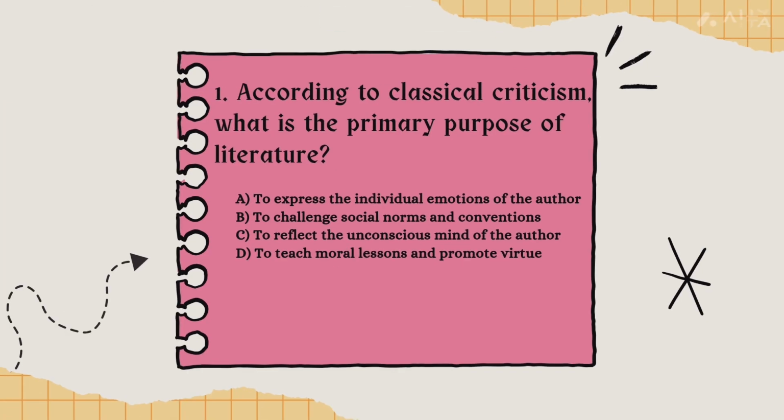According to classical criticism, what is the primary purpose of literature? The options: to express the individual emotions of the author, to challenge social norms and conventions, Option C, to reflect the unconscious mind of the author, and to teach moral lessons and promote virtue.